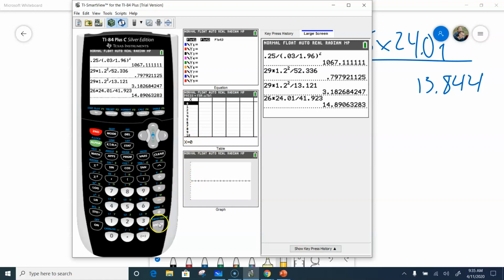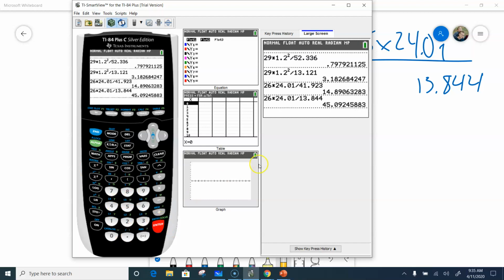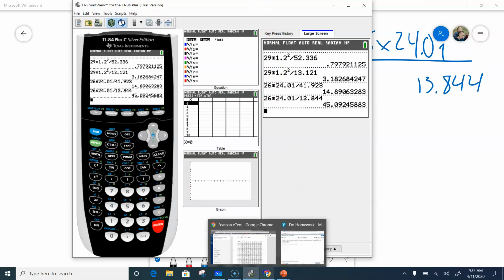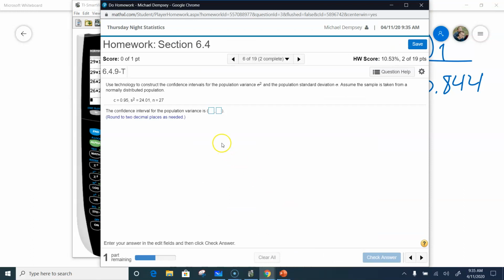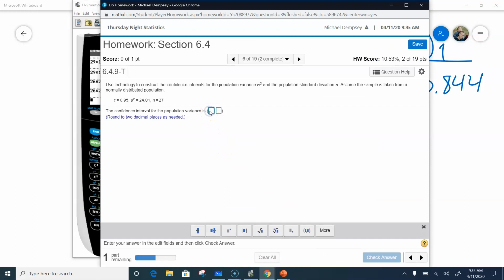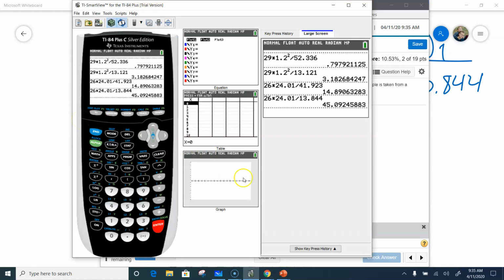And now I can just hit second enter and just change that 41.923 to 13.844. Okay, so those will be my two endpoints, and I think we go to one or two decimal places here. Let's see, 14.89. And the other end of that interval is 45.09.